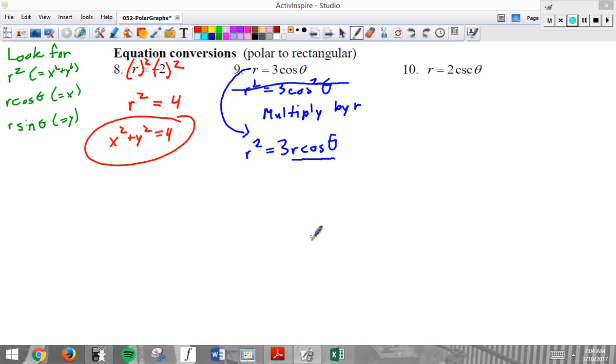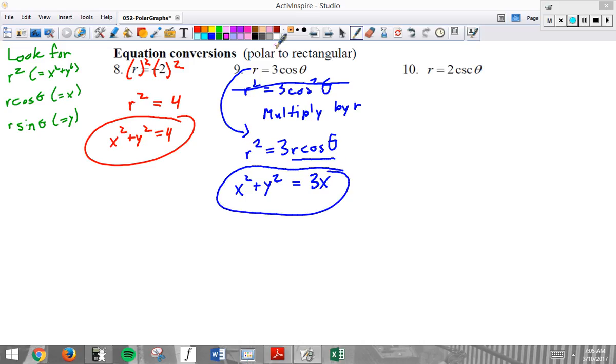And that's the important part. Because now that I have a cosine theta over here, r cosine theta will get rid of the theta. r cosine theta is x. x squared plus y squared, r squared. r cosine theta, x. Good enough for me. Stop there.